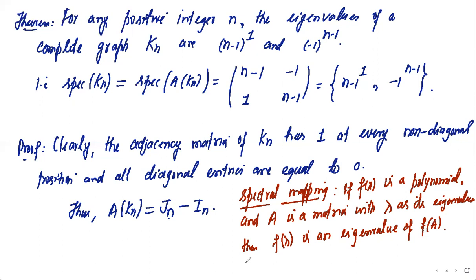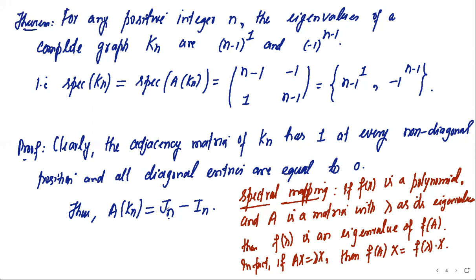So in fact, if Ax is equal to lambda x, then f of A x is equal to f of lambda x. So this is the exact statement of the spectral mapping theorem.